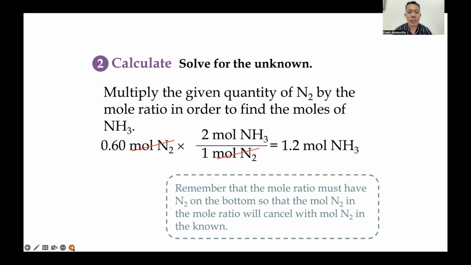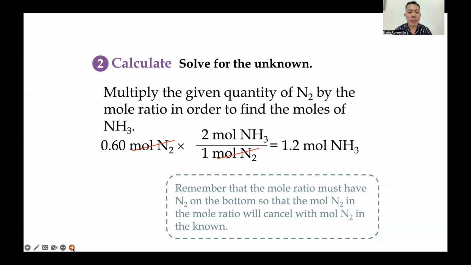In the previous slide, our mole ratio is 2:1, 2 mole of ammonia divided by 1 mole of nitrogen. Our given is 0.60 mole of nitrogen. Of course, you have to write it in such a way that the given will be canceled.